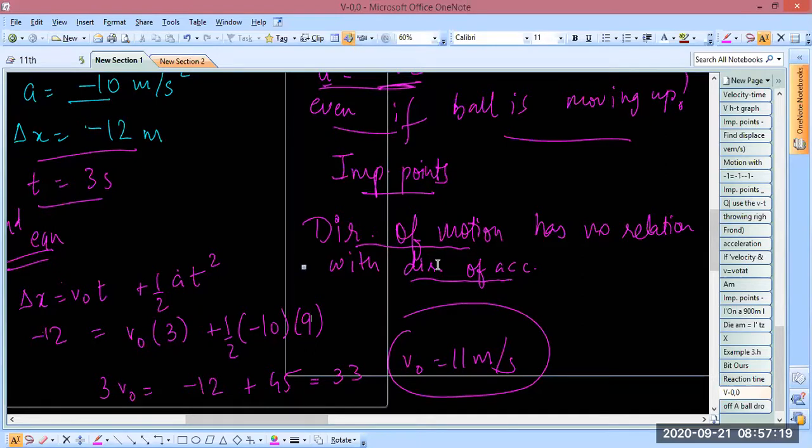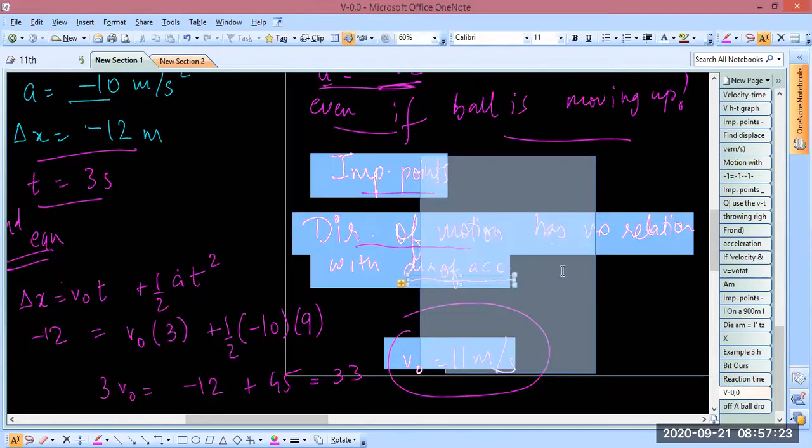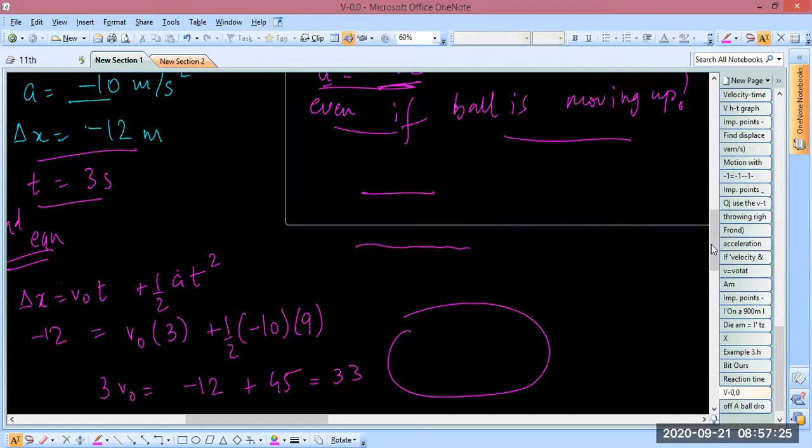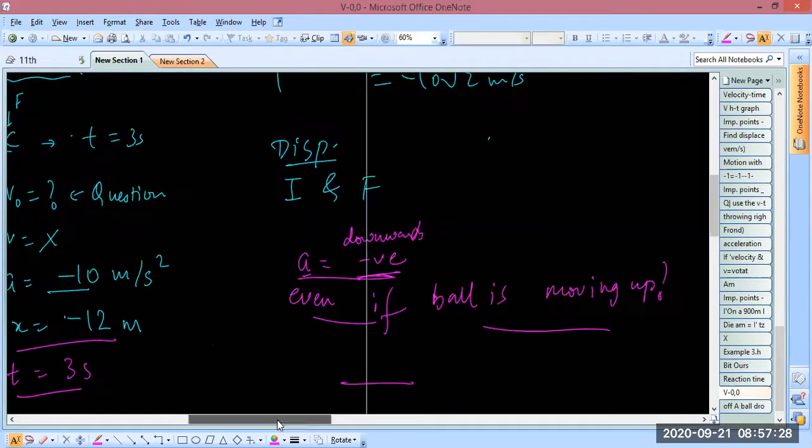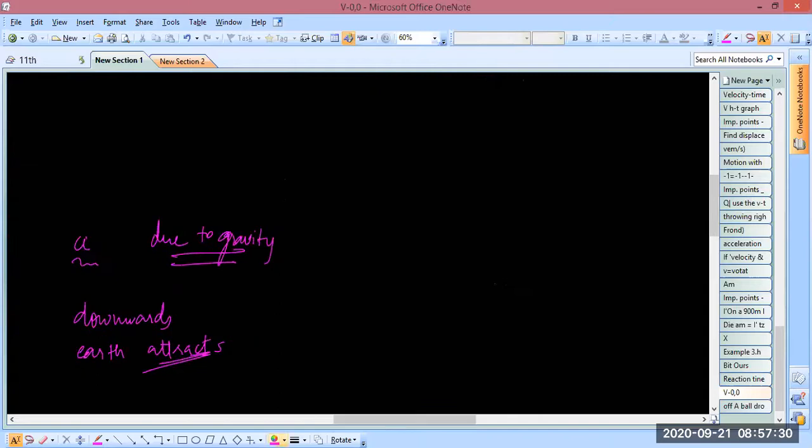Now we have to find the velocity at C. We could actually use either the first equation or the third equation, whichever we like. If we use the first equation, then this is what we have. I don't think you have any problem with this.